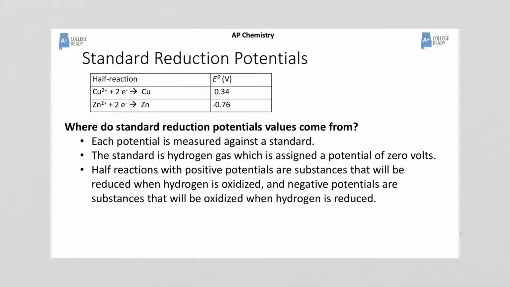If whatever was compared to hydrogen gas was reduced, it would have a more positive reduction potential than hydrogen, and if something was paired with hydrogen gas where hydrogen gas was caused to be reduced, then that other substance was given a negative value. So the standard is hydrogen gas, and these values are coming from that comparison.